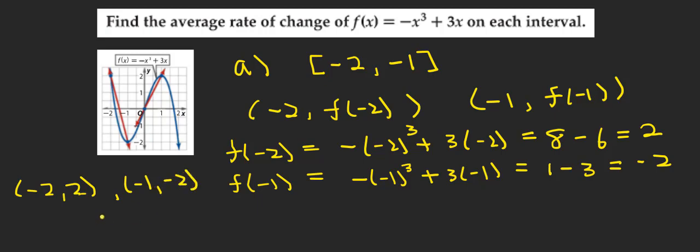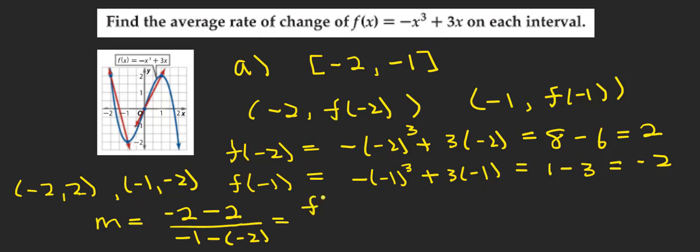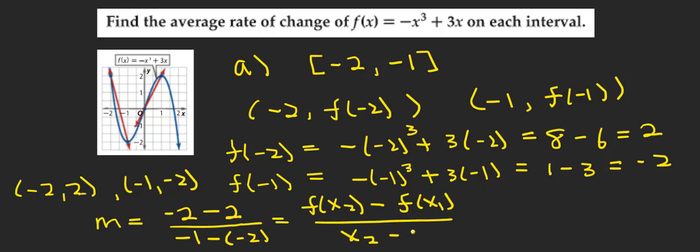Now, in order to find the average rate of change, all we got to do is find the slope, which is negative 2 minus 2 over negative 1 minus negative 2. That's because, remember, it's f of x2 minus f of x1 over x2 minus x1.